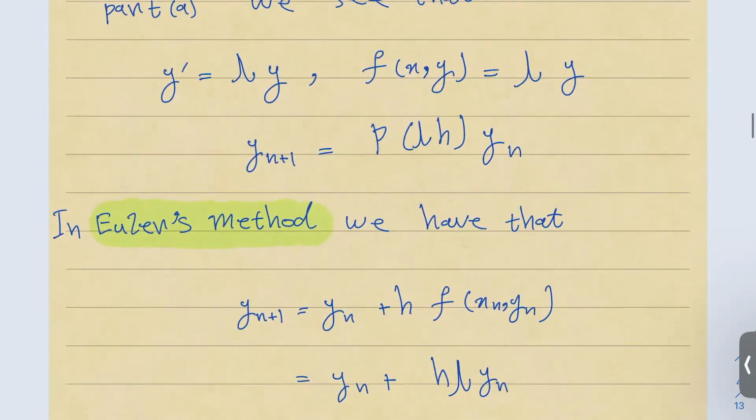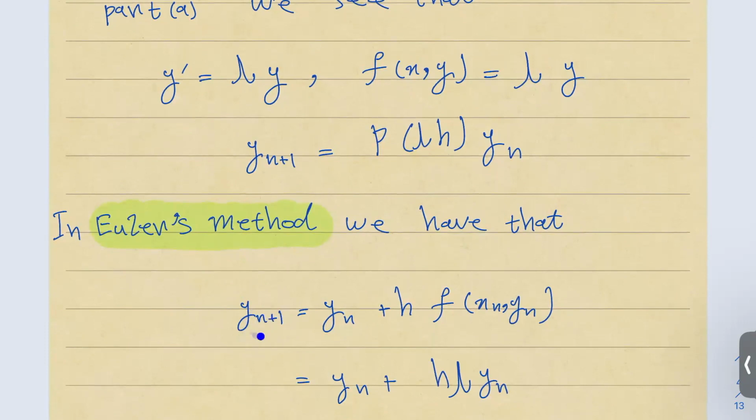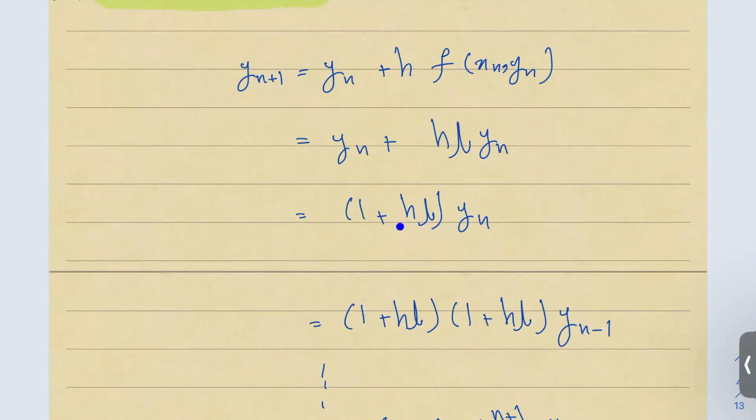In fact, yn plus 1 is equal to yn plus h times f, and this f is lambda y. So h times lambda yn. So yn can be factorized from the right side, and we have 1 plus h lambda.